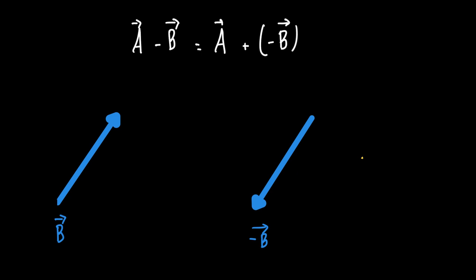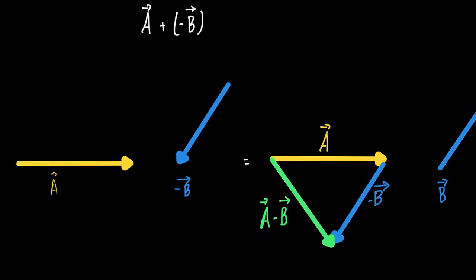So, what is vector A plus minus vector B? We have vector A, and this is minus vector B. When we add vectors, as I said, you can add only the head to the tail. So we keep the head and bring the tail.